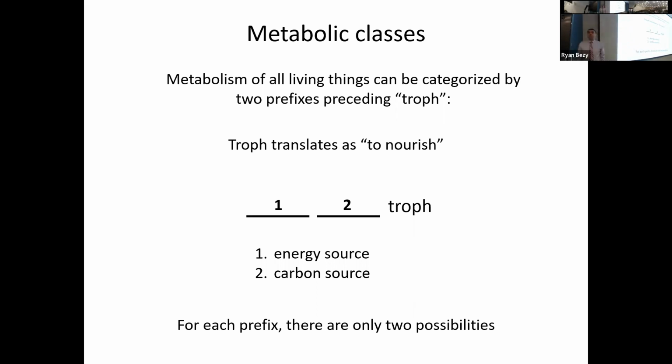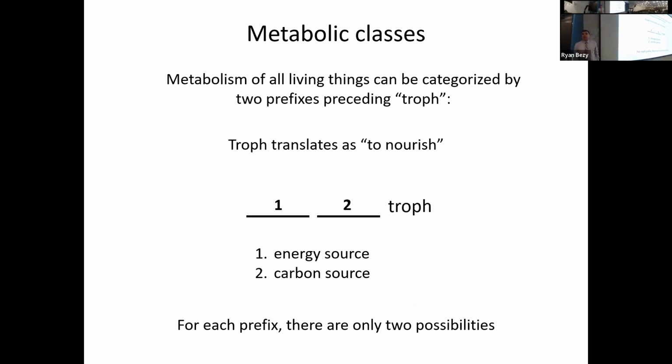But here, when we're talking about the metabolism of organisms, we're usually talking about what source of energy they ultimately use. And then we also focus a lot on what their carbon source is. Because remember, we're organic life, carbon-based life, so carbon is really important for building up an organism.